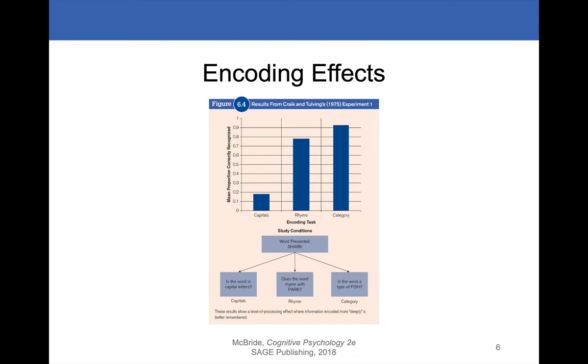They were barely able to recall even 20% of the words. So the take-home message in this very important study was that deeply encoding the meaning of a word, in this case, figuring out what category of meaning was assigned to each word, really helps a lot in long-term memory.